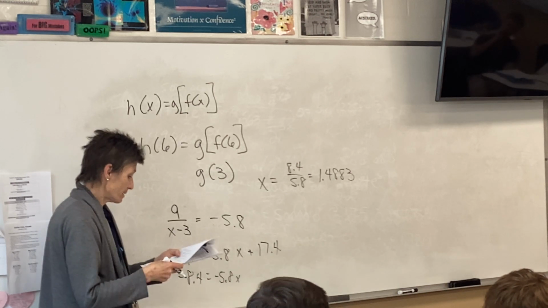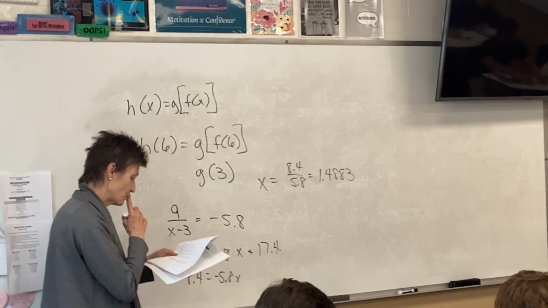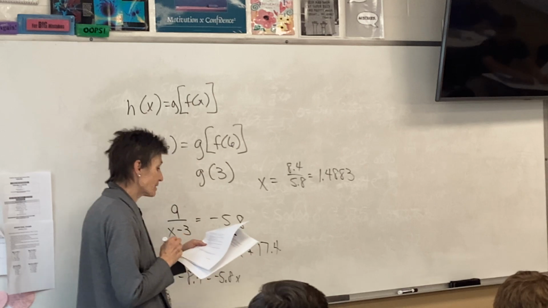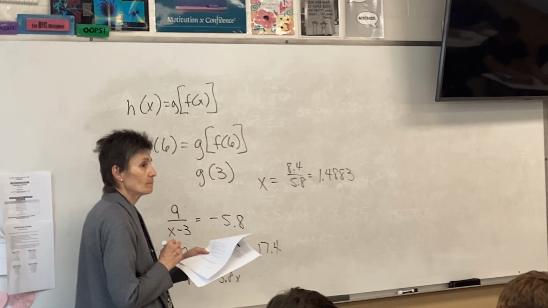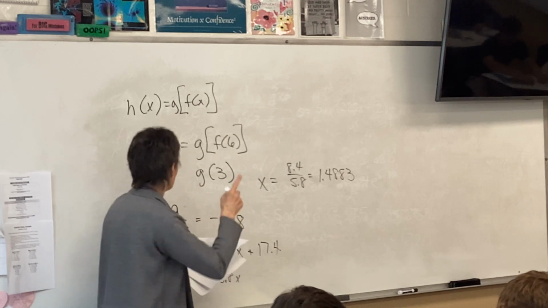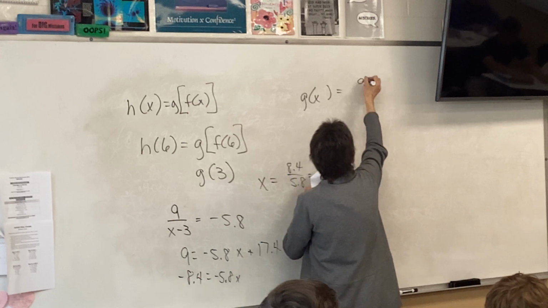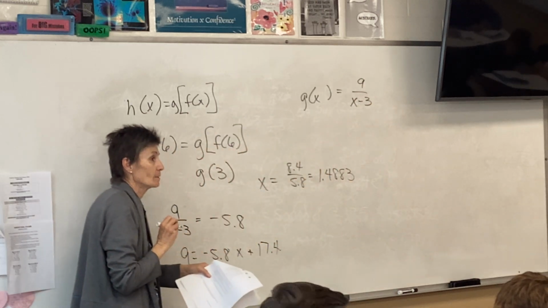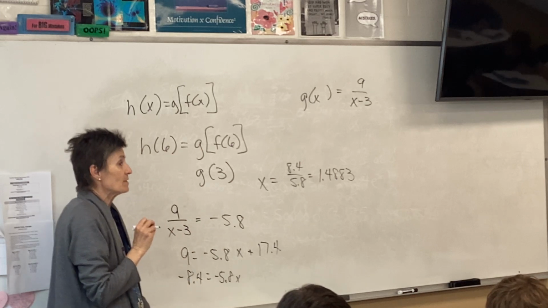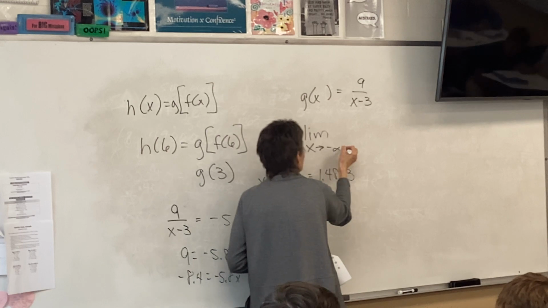Okay, all right, next. Determine the end behavior of g as x decreases without bound. Now, g is your equation. We need the limit as x approaches negative infinity.